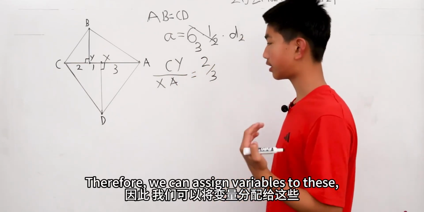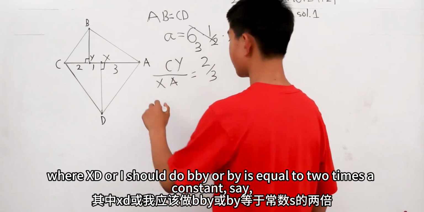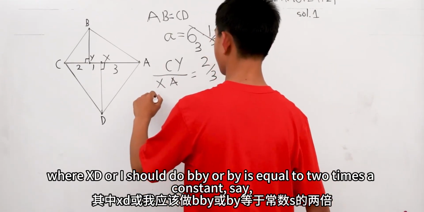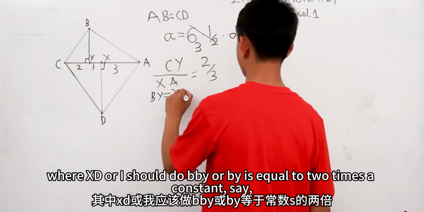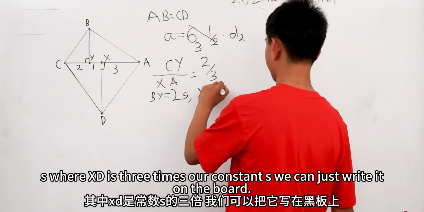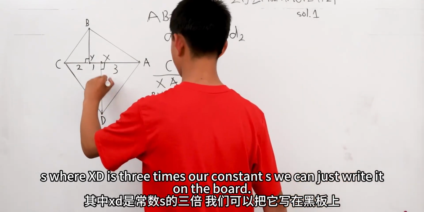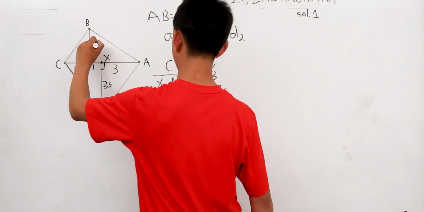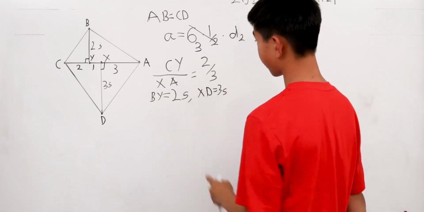Therefore, we can assign variables to these, where BY is equal to 2 times a constant, say s, and where XD is 3 times a constant s. So we can just write it on the board. There. So we have those values.